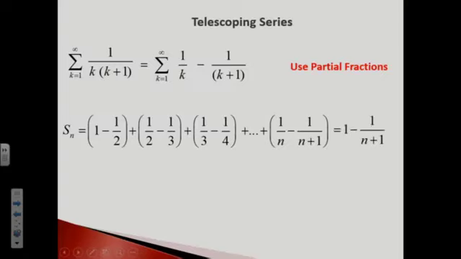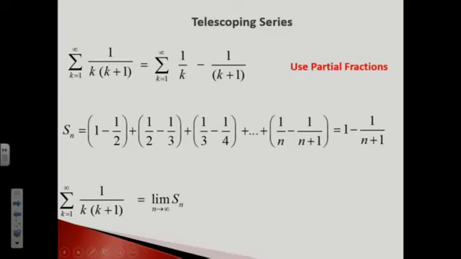By cancelling out the common terms, we obtain 1 minus 1 divided by n plus 1. By definition, the series sigma k from 1 to infinity of 1 divided by k multiplied by k plus 1 is the limit of the partial sum Sn as n increases without bound. It equals 1. This is the end of this session.